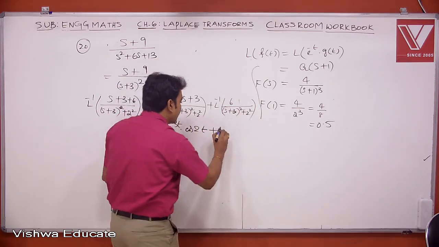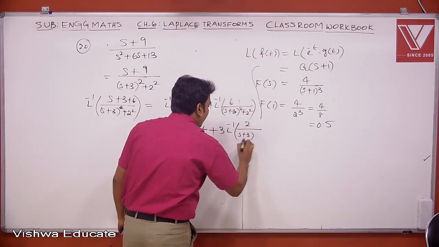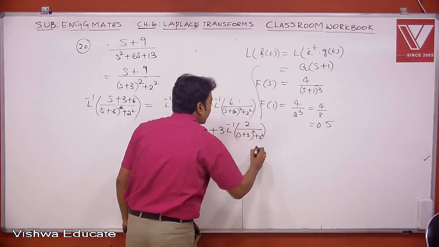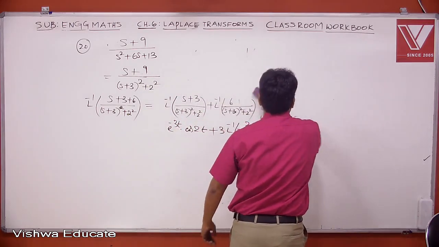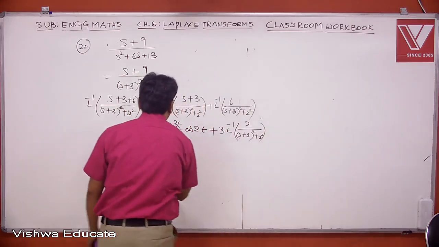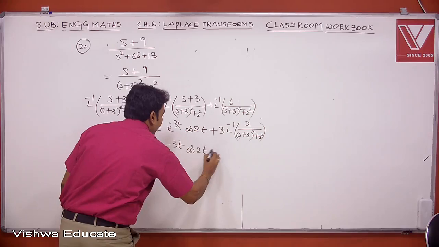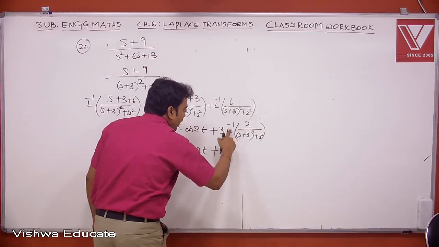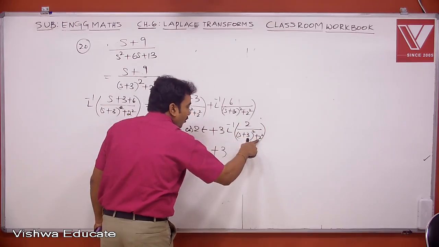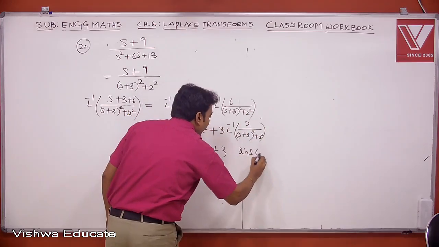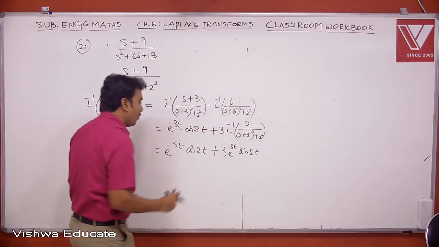So this can be written as 3 times L inverse of 2 by s plus 3 whole square plus 2 square. Therefore, this becomes e power minus 3t into cos 2t plus 3 times L inverse of a by s square plus a square, which is sin 2t, but s is replaced by s plus 3, so multiply with e power minus 3t.